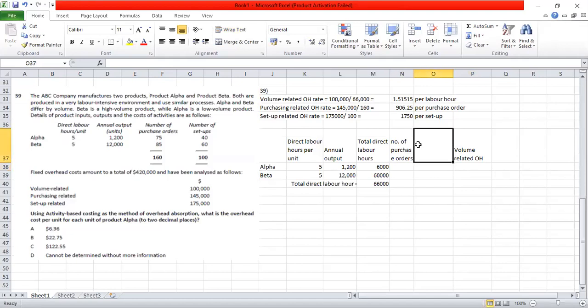Then we have number of setups. If we are talking about volume related, it will be based on direct labor hours, which we have discussed already.